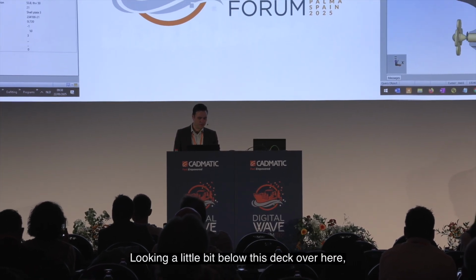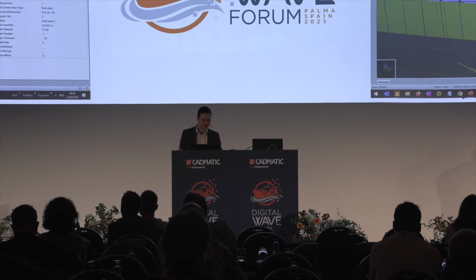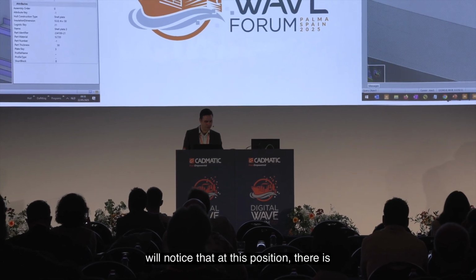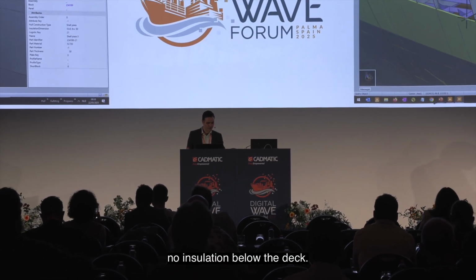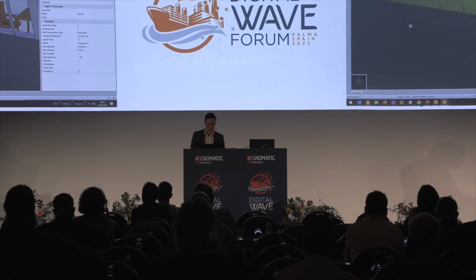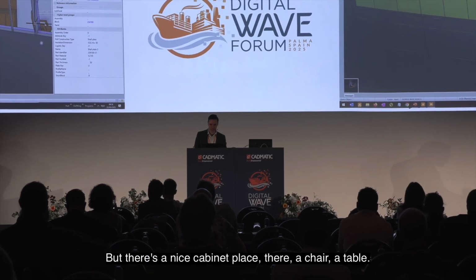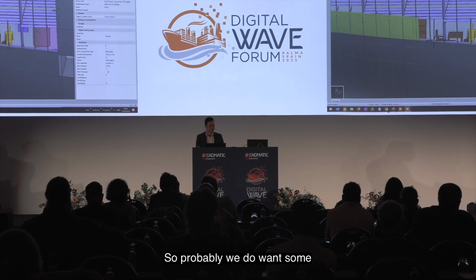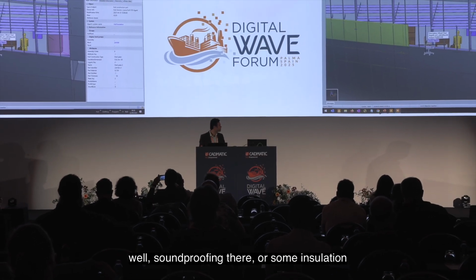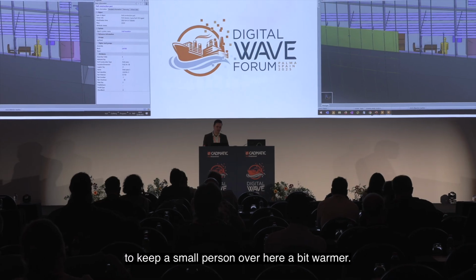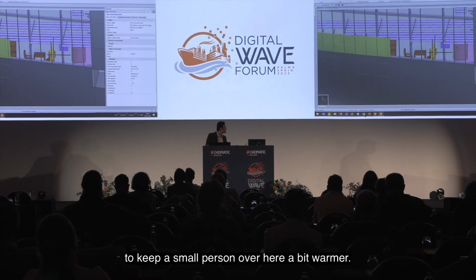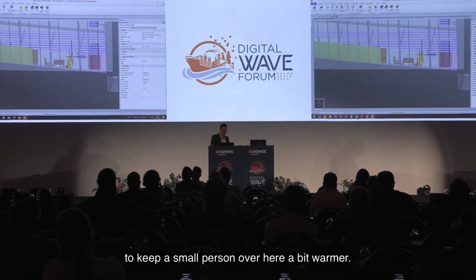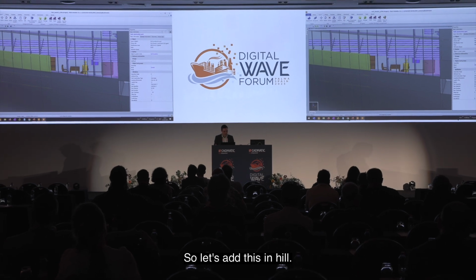Looking a little bit below this deck over here, we'll notice that at this position, there is no installation below the deck. But there's a nice cabinet placed there, a chair, a table. So probably we do want some soundproofing there, or some insulation to keep our small person over here a bit warmer. So let's add this in hull.